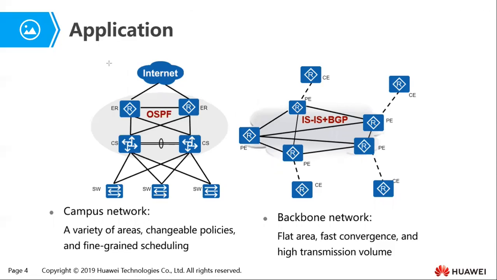Now, generally, OSPF is normally used within an enterprise. Mostly, an enterprise network is also referred to as a campus network. A campus network has certain characteristics that you must understand. One of them is that it has a lower number of routers.